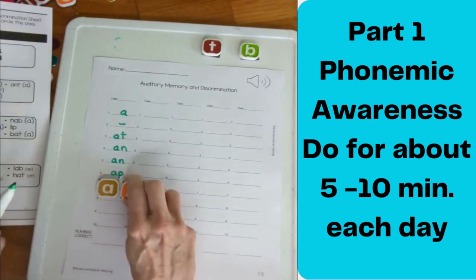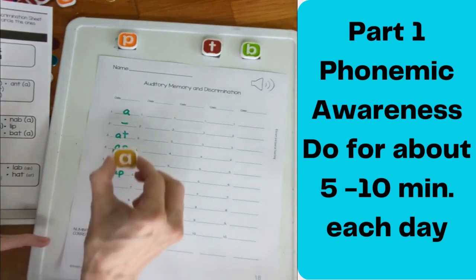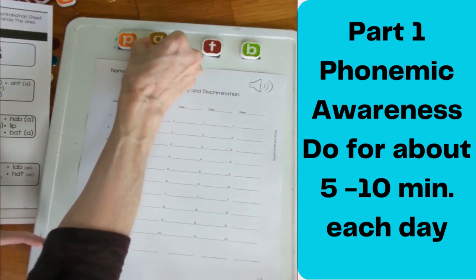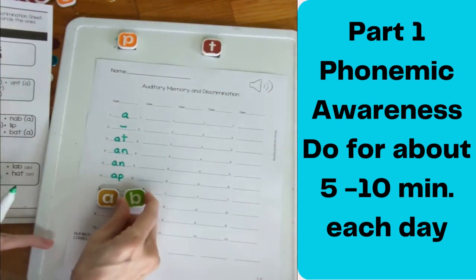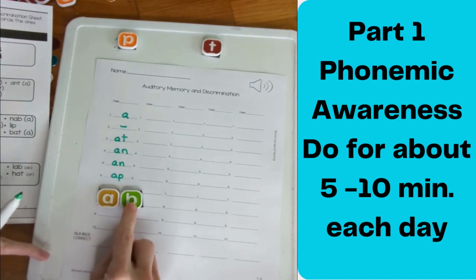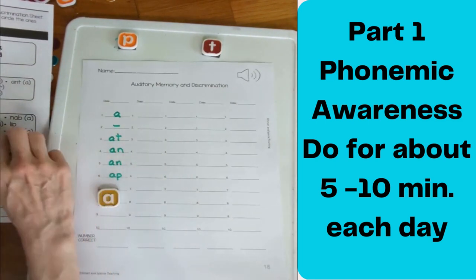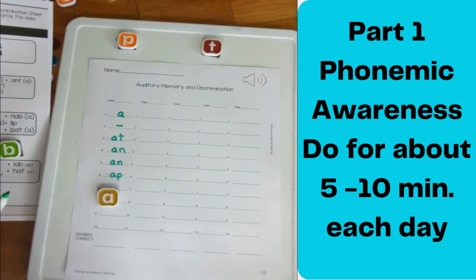Okay, if they don't pick the right one, when they pick, have them say the letter sounds. So if they pick this one and say b, you'd say, you picked b. This is ab. Let's pick up and give them another chance to pick the right one.